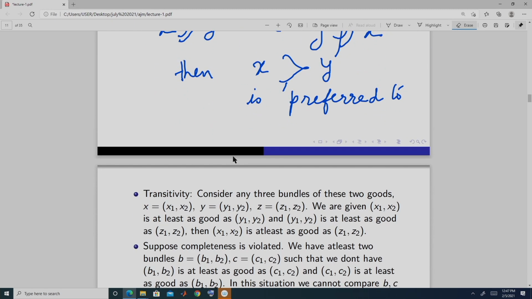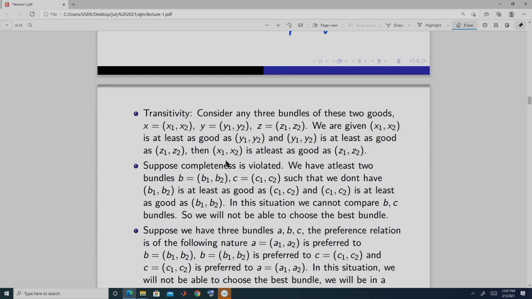The next axiom that we consider is called transitivity. It is like taking a decision in a consistent way. Suppose from this available set of bundles, we take three bundles x, y and z. If x is at least as good as y and y is at least as good as z, then x must be at least as good as z.